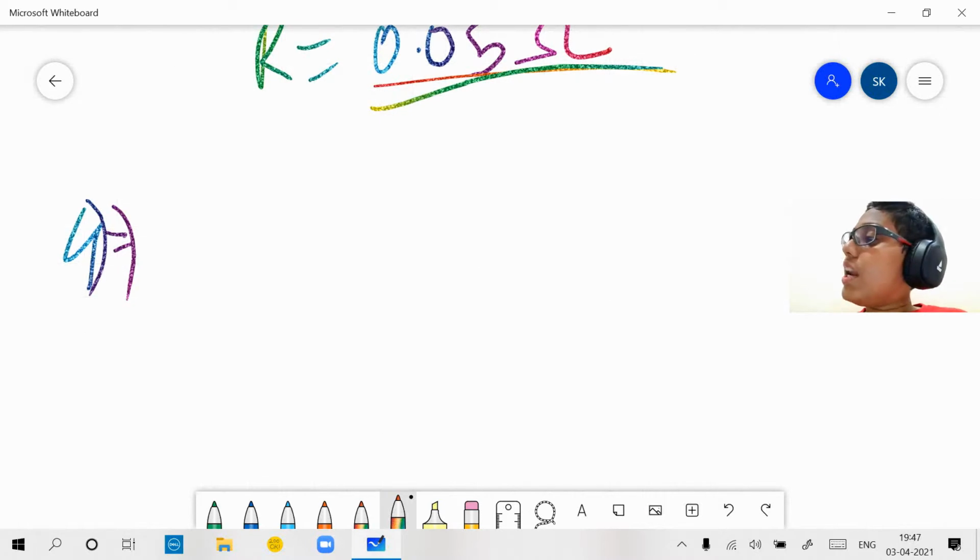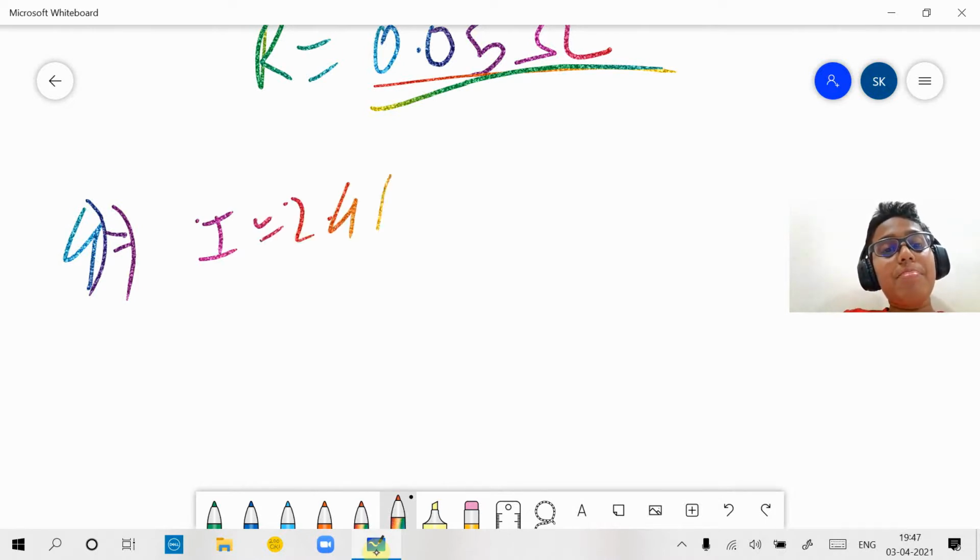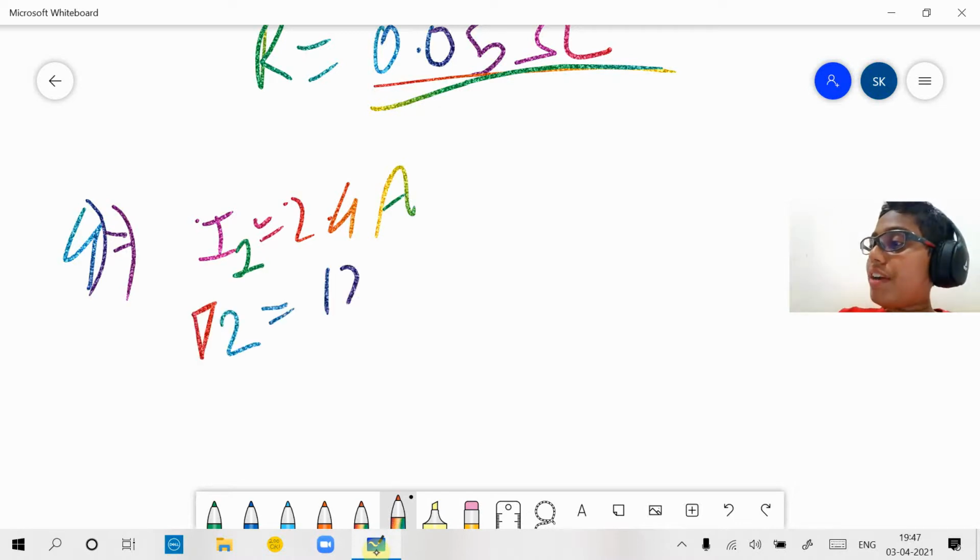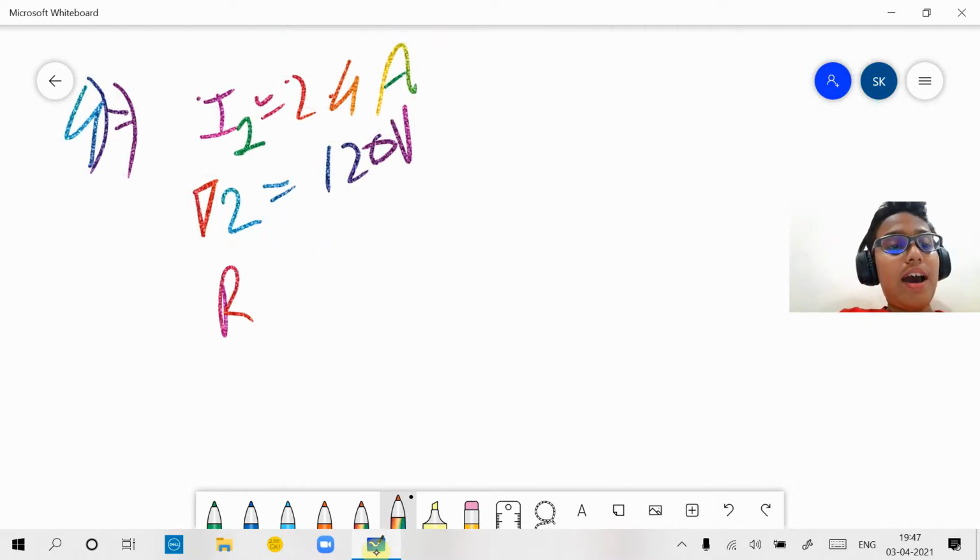Okay, so an electric heater draws a current of 2.4 ampere. So firstly, in the first case, I1 is 2.4 ampere with the voltage of 120 volts. R1 is unknown.